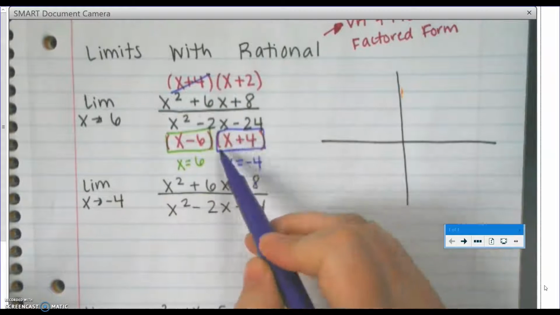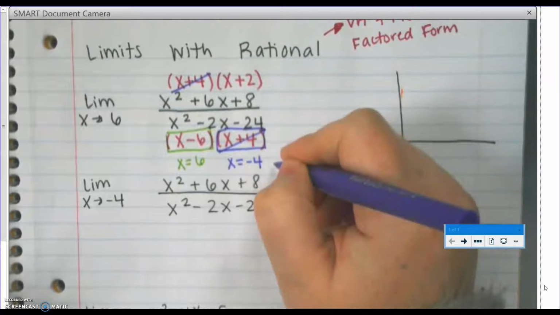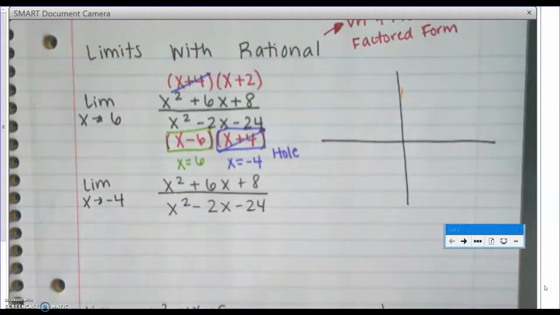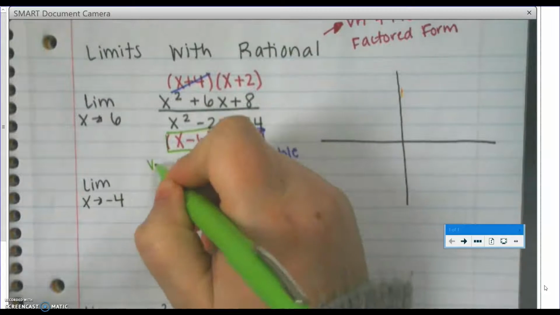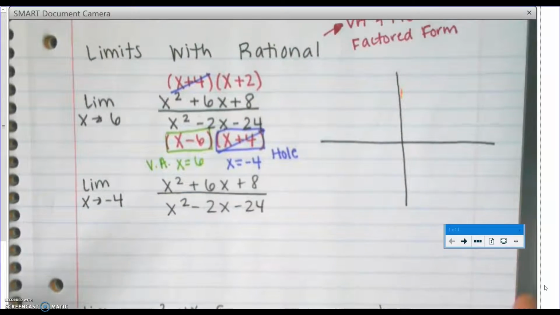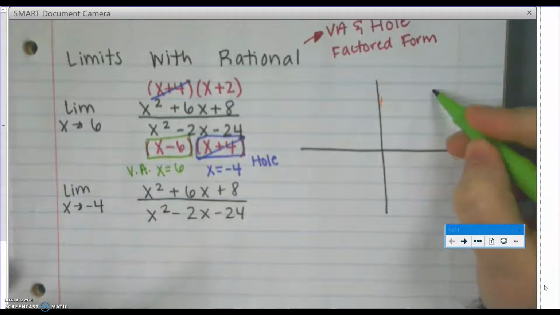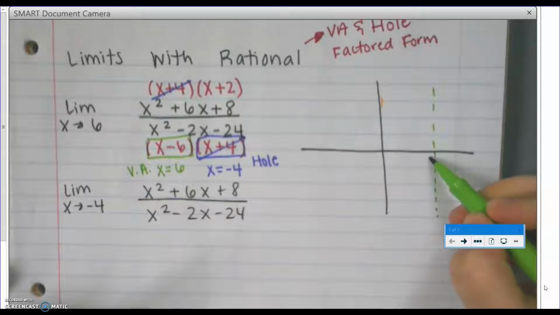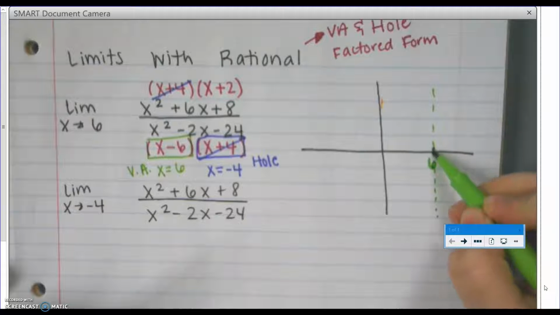Because those cancel, this one will be a hole in the graph. Because this one does not cancel, this one is a vertical asymptote. So I have a vertical asymptote when x is equal to 6.